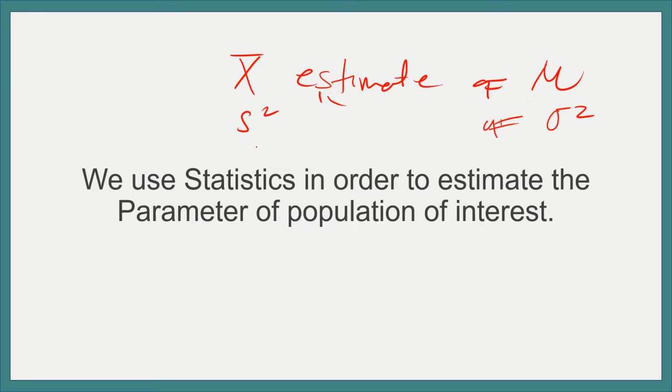Sample standard deviation is the estimate of population standard deviation, and the same applies to other measurements. So any number that describes a sample is an estimate of its equivalent value that describes a population. So we use statistics in order to estimate our parameter of population.